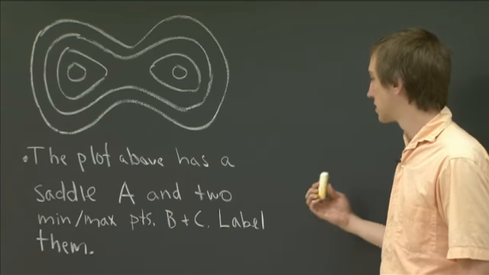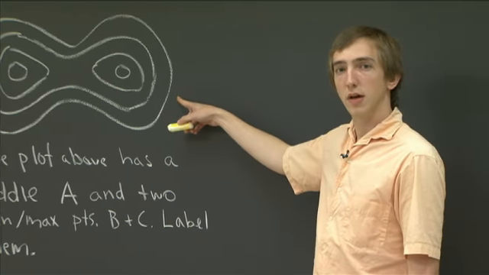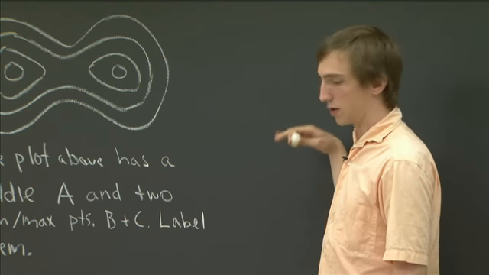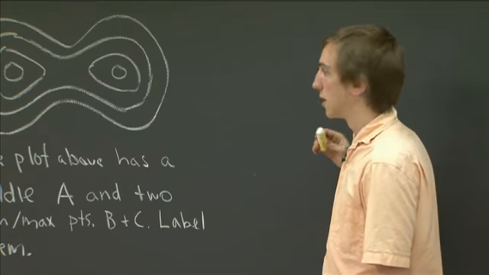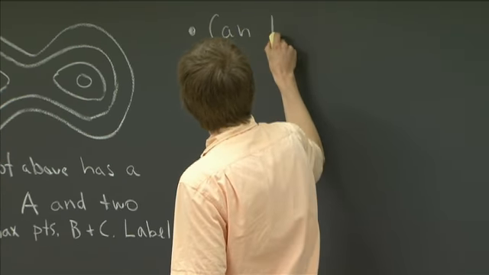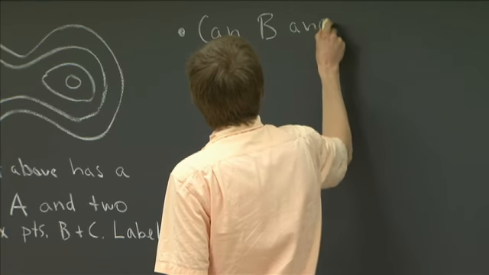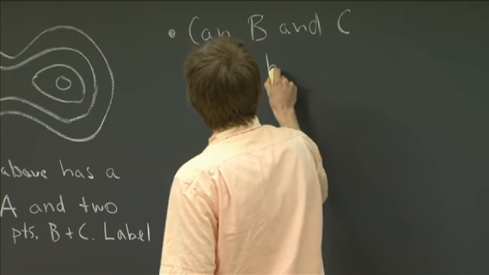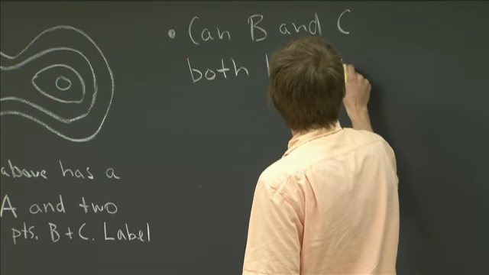The second part is, since this doesn't have the values entered onto the graph, we want to consider what possible configurations we could have. So the second question is, can B and C both be maximal?